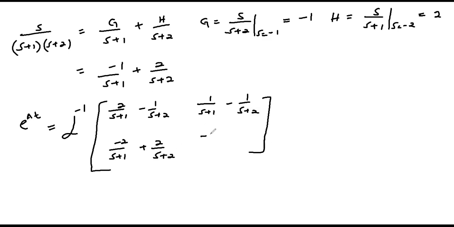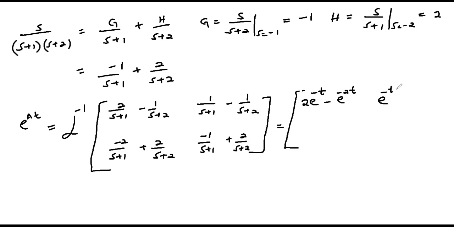And finally, we have negative 1 over s plus 1 plus 2 over s plus 2, which will be equal to, so this one will give us 2 exponential minus t minus exponential negative 2t. Then this gives us exponential minus t minus exponential negative 2t.